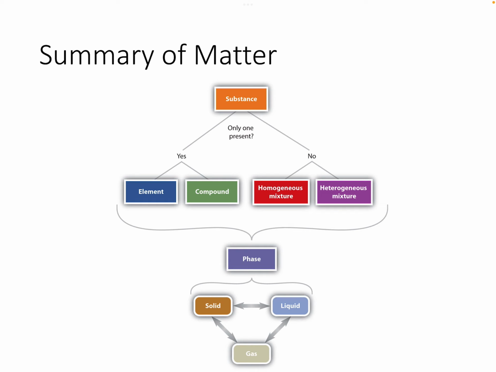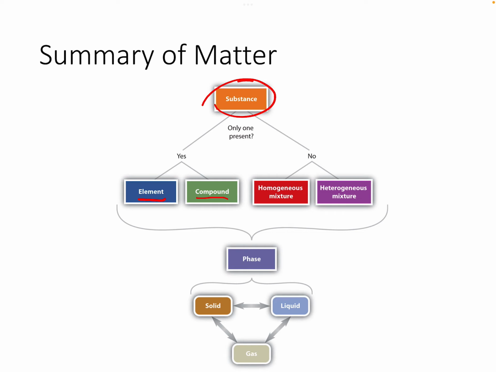So let's summarize all of the different ways that we classified matter so far. So if we start at the top here with our substance, we can first ask ourselves, is there only one substance present? If the answer is yes, then it's either an element or a compound.